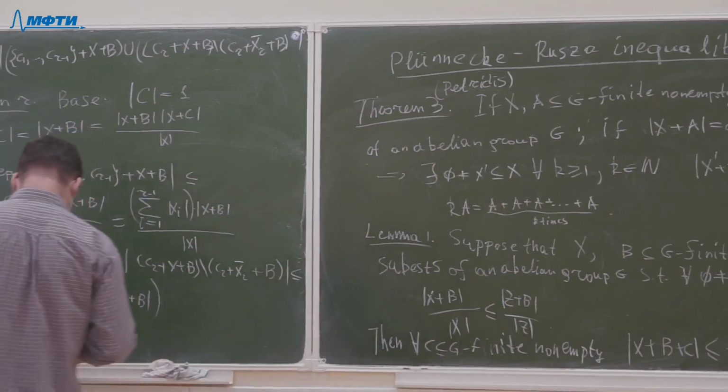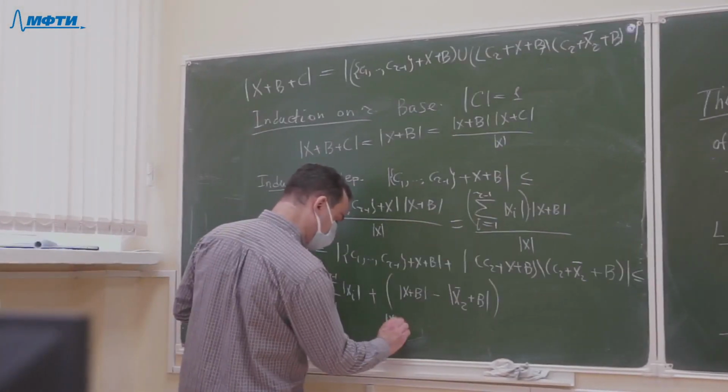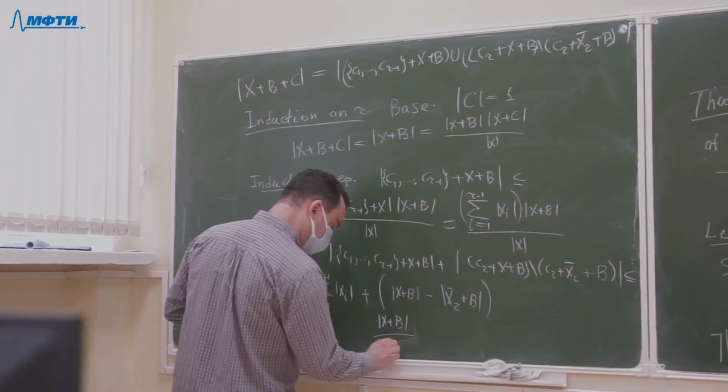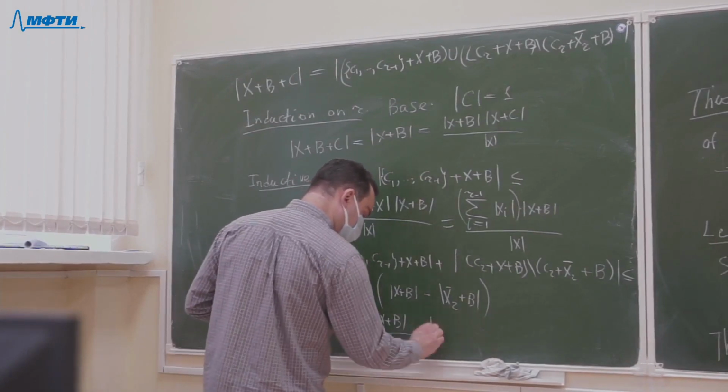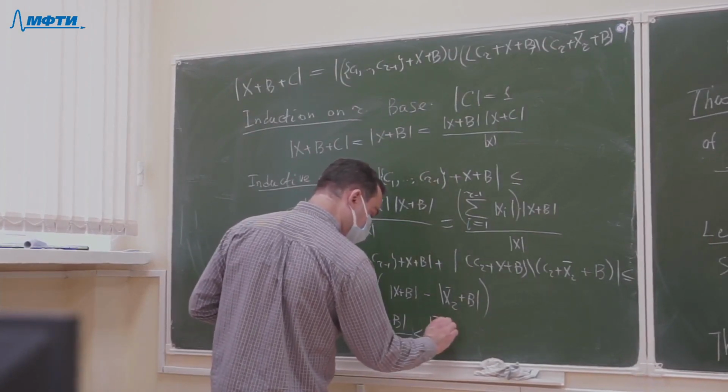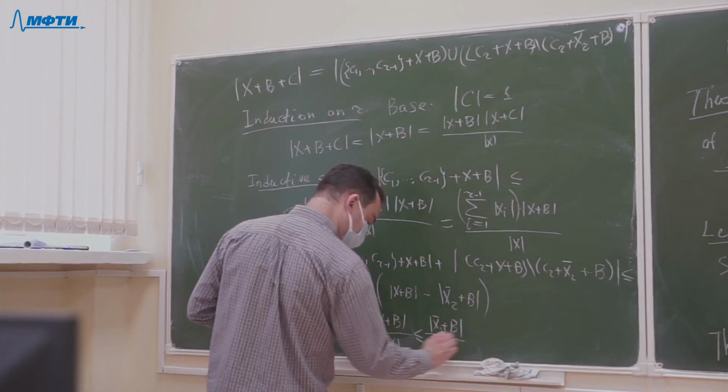So X plus B by X is at most X_r complement plus B by X_r complement.